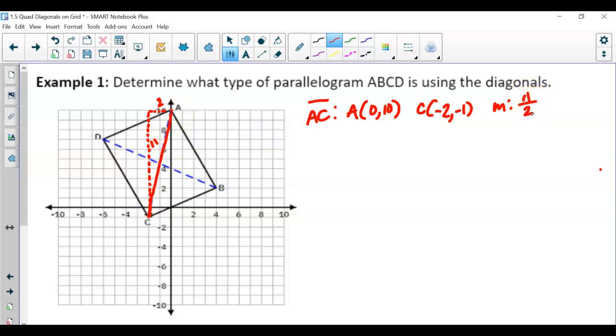Then if you decided to use the distance formula, you'll see that everything matches. With the Pythagorean theorem, we've got 2 squared plus 11 squared is equal to c squared. Same thing for those who did distance: 0 minus negative 2, squared, which gives you 2 squared, plus 10 minus negative 1, squared. Notice that gives you 11.